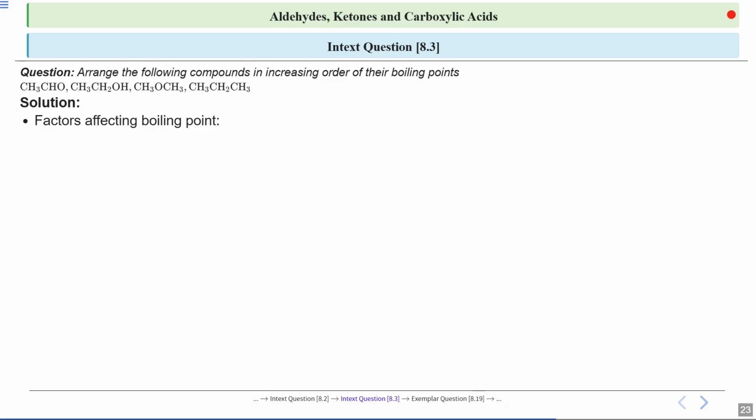First of all, we will see the factors which affect the boiling point. The first factor is the intermolecular forces. These include hydrogen bonding, dipole-dipole interactions, and van der Waals forces. They are very crucial because they determine how strongly the molecules attract each other.